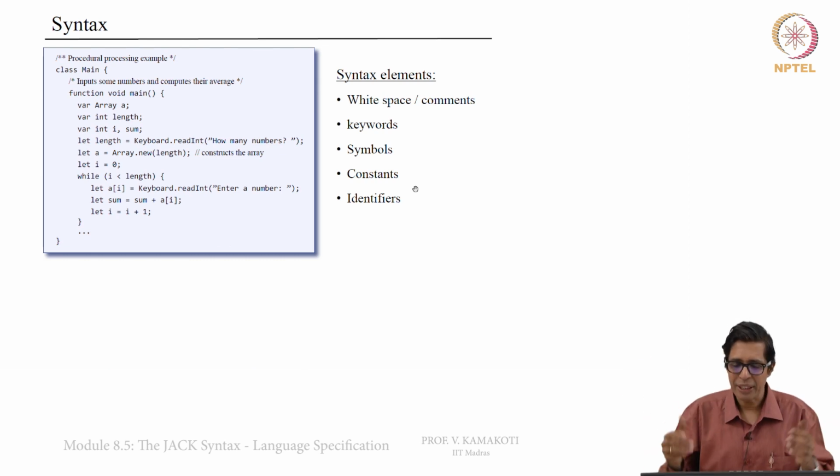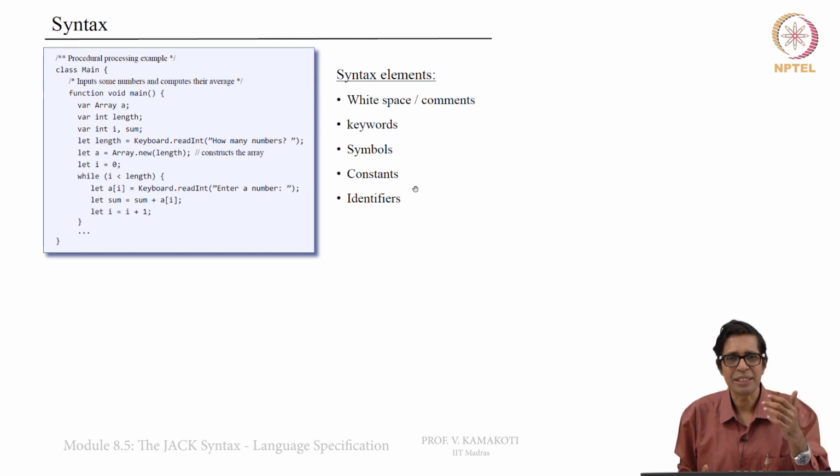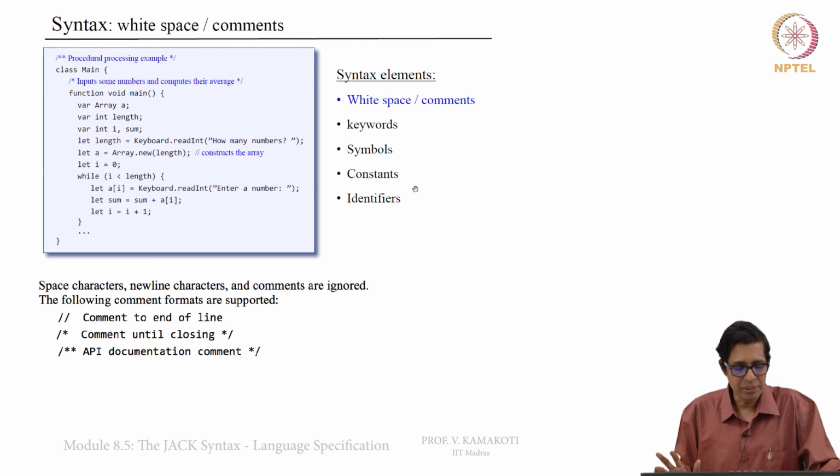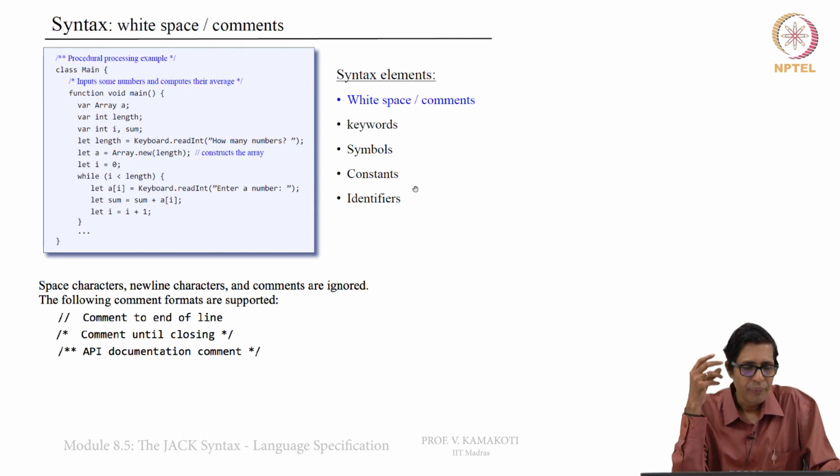You will see some white space and comments, you will see some keywords, you will see some symbols, you will see some constants and identifiers. That is all, nothing more, nothing less. So when you are compiling, all your space characters, new line characters, comments, everything are ignored. The following comment formats are supported.